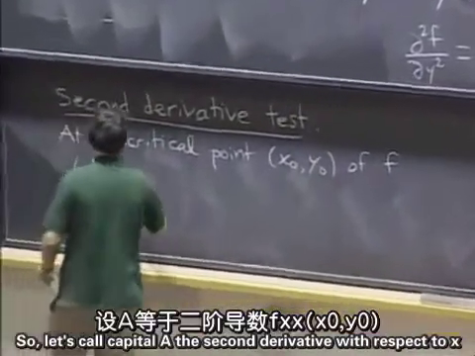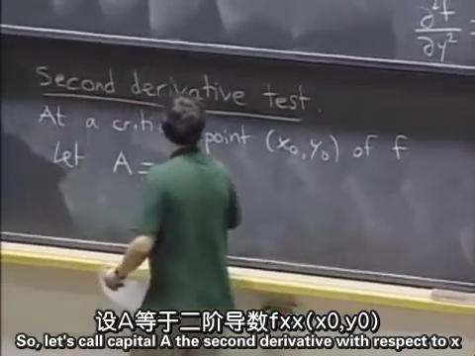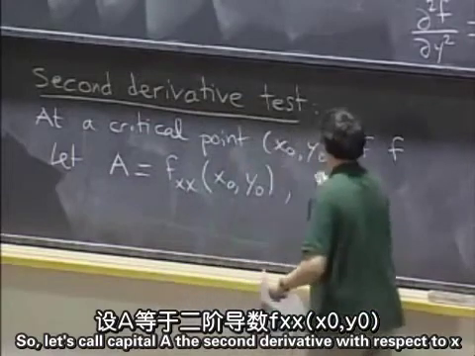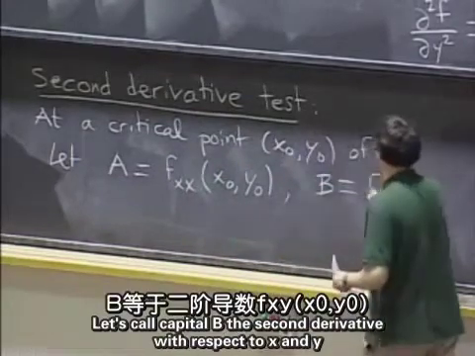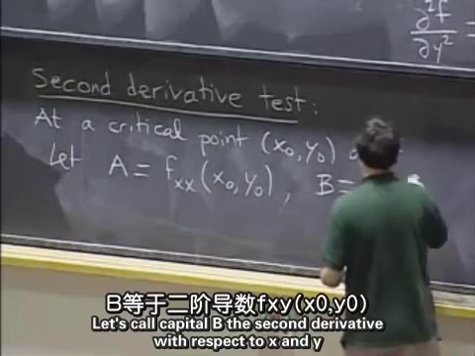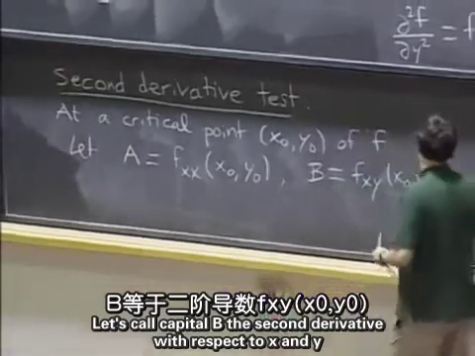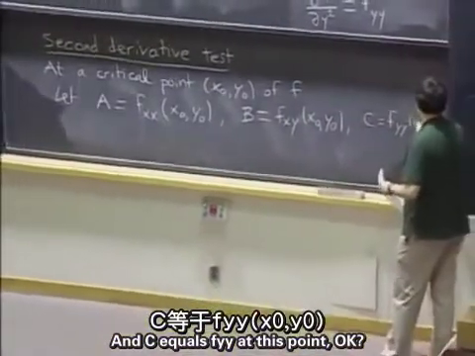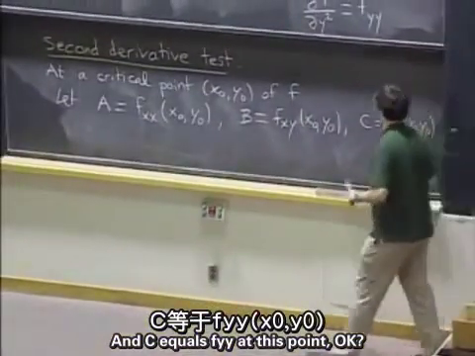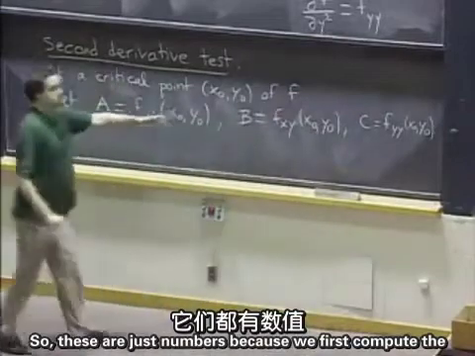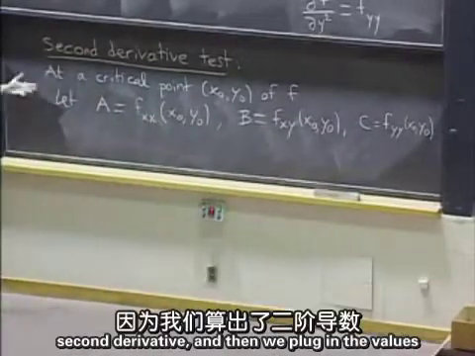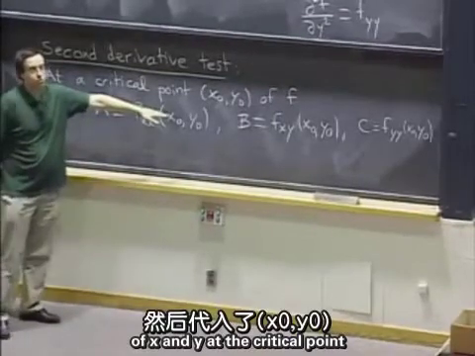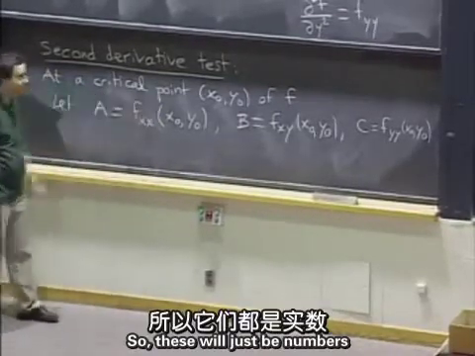Let's call capital A the second derivative with respect to x. Let's call capital B the second derivative with respect to x and y, and C equals f sub yy at this point. These are just numbers because we first compute the second derivative and then we plug in the values of x and y at the critical point. So this will just be numbers.